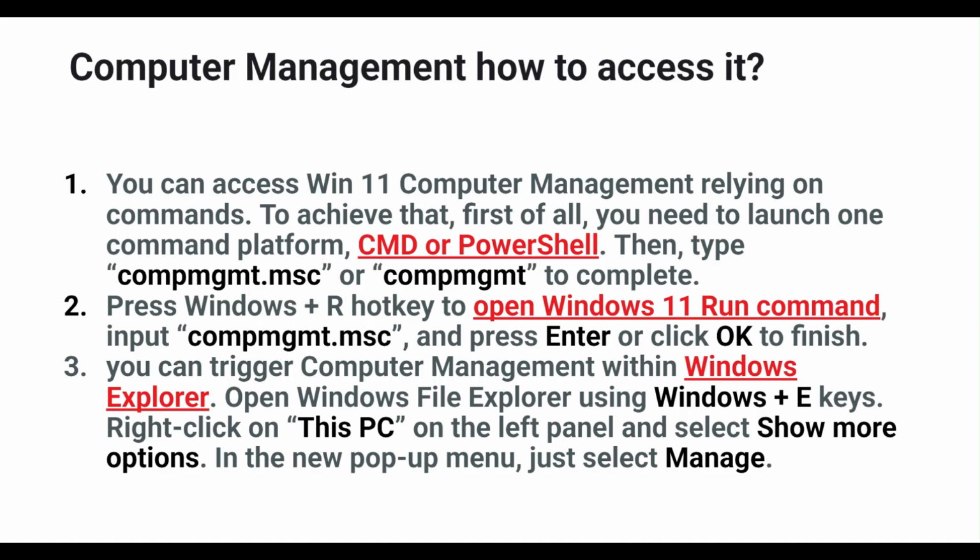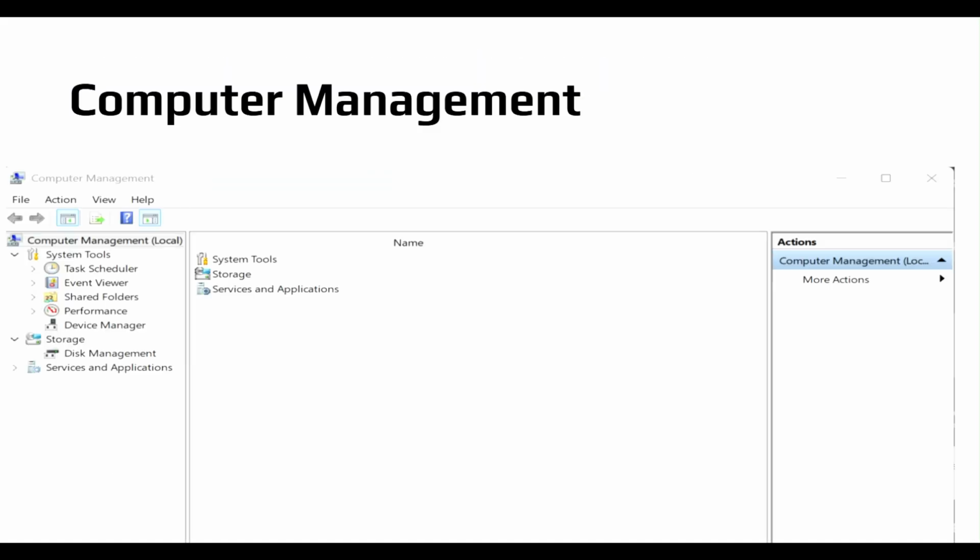The other way is to type computer management in the Windows search, and then you will see it and be able to open it. So these are different ways to open it, and this is how the computer management looks.